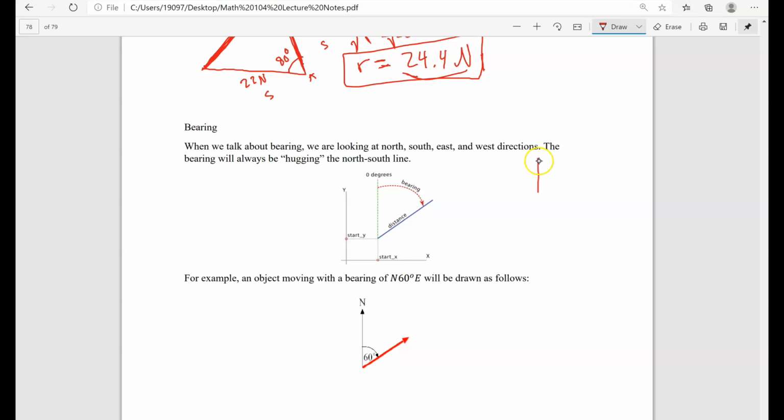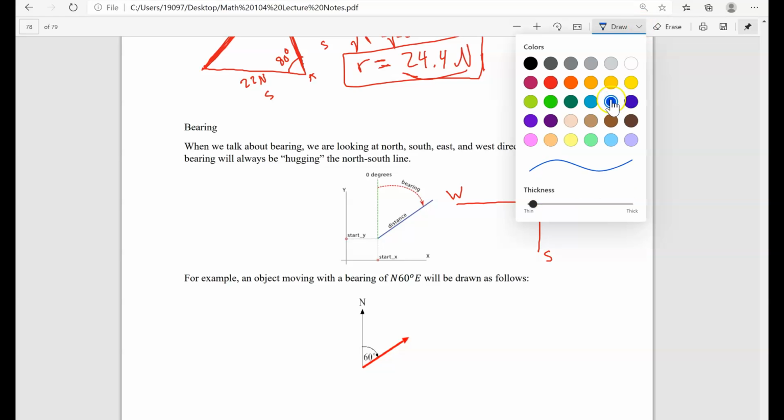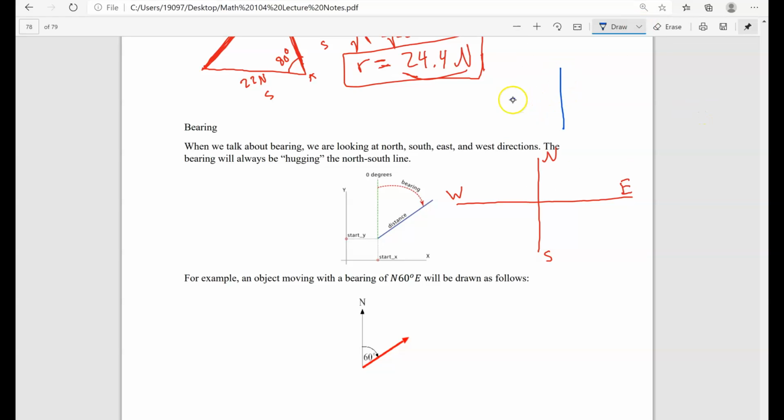you need to think about the navigation system. So when you think of the navigation system, you have the north, south, the west, and the east. So this is going to sound really weird because usually when we were doing all the problems in trig, all the different angles, if I have this particular vector or point, all the angles were hugging the x-axis.